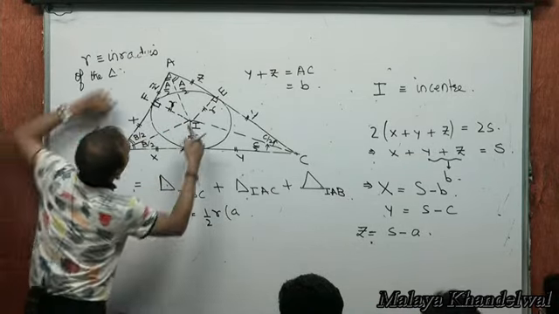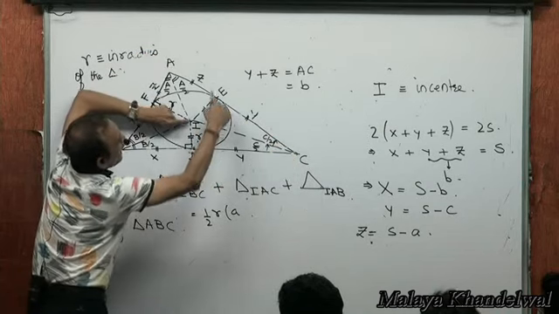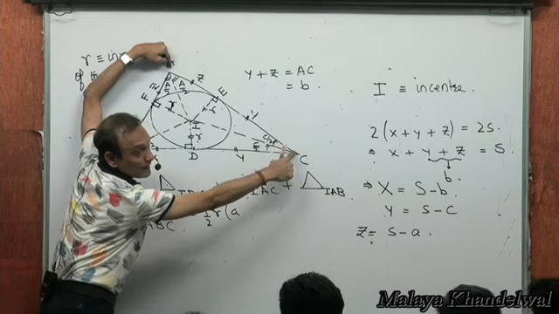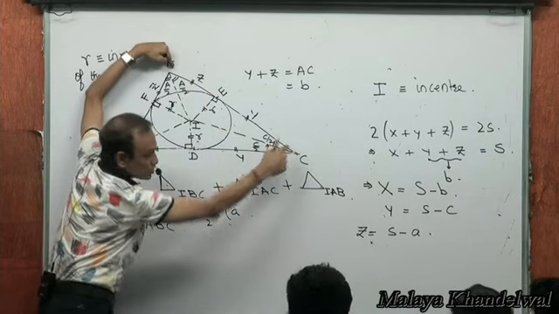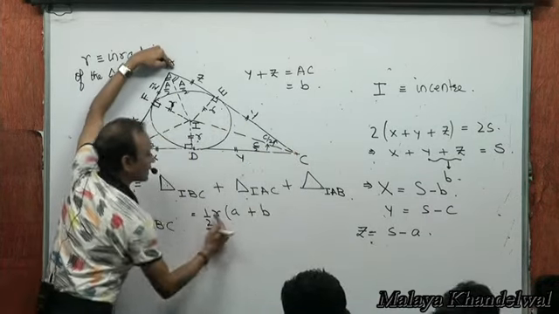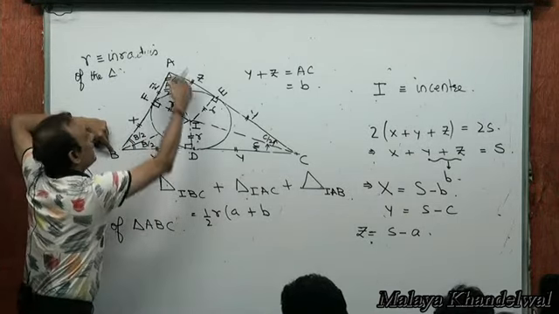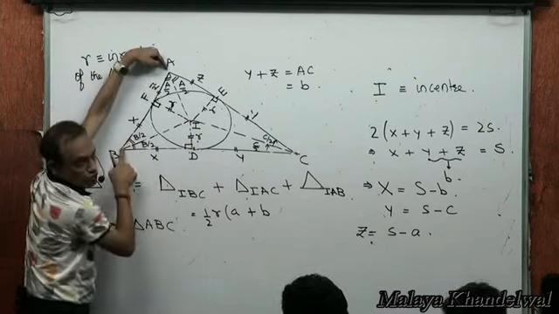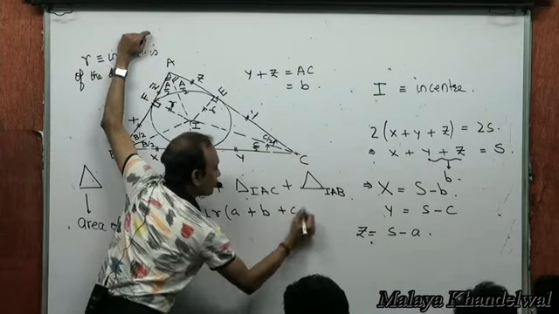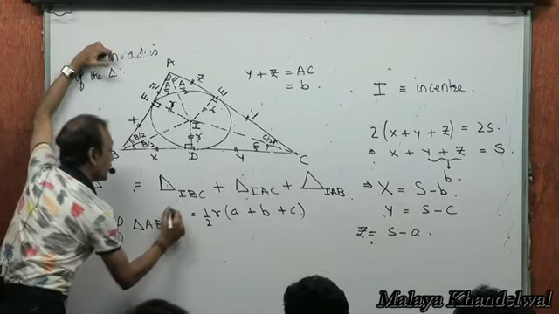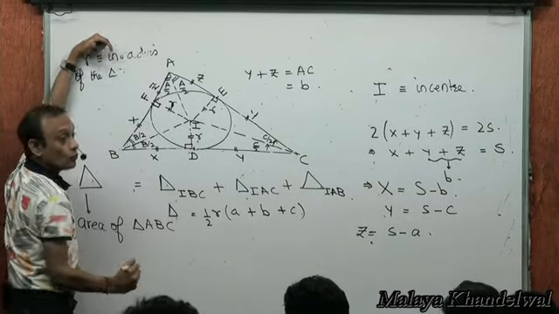What's the area of triangle IAC? Half of small r into small b. What's the area of triangle IAB? Half of r into small c. What is small r?